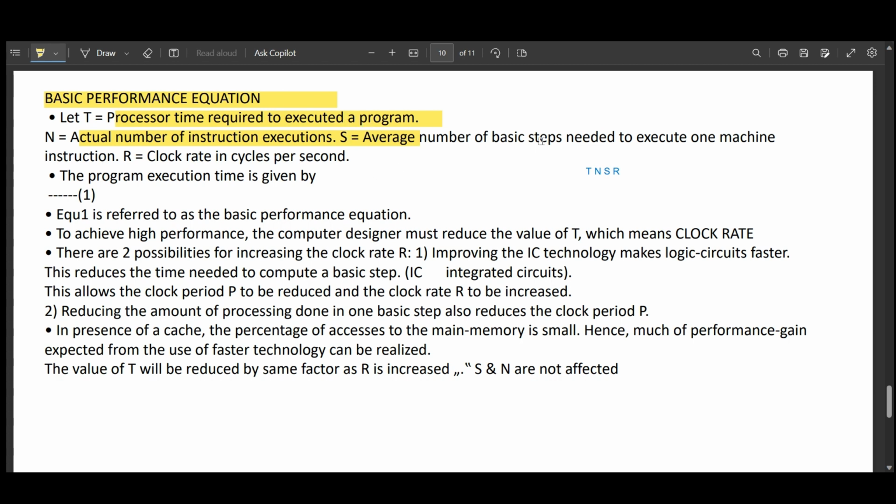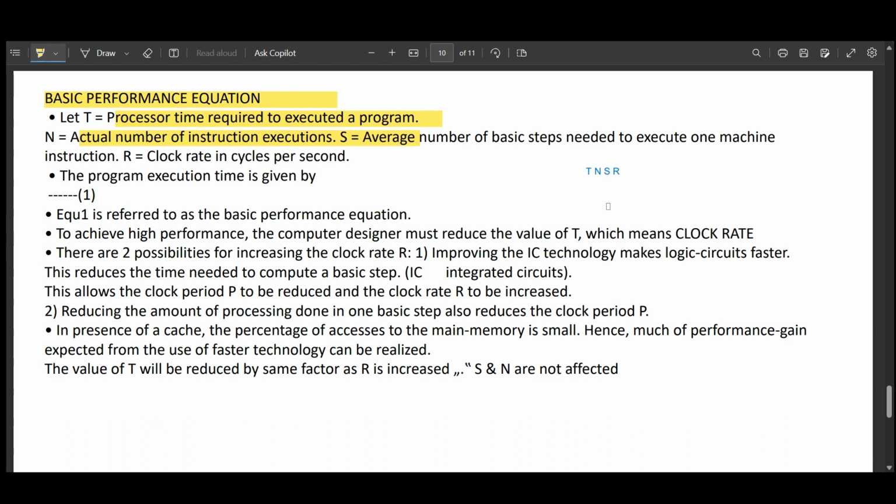So S is the average number of basic steps needed to execute one instruction. In my previous video, you all remember that I told you that an instruction will be divided into basic steps. For example, let us take the sum of addition that you all do in C or C++, any language. You all will have a main program and a function that will add and send back the result to the main program.